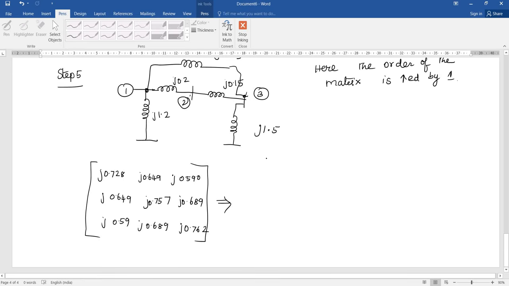Okay, the new matrix with order 4 cross 4 is formed from the old matrix.